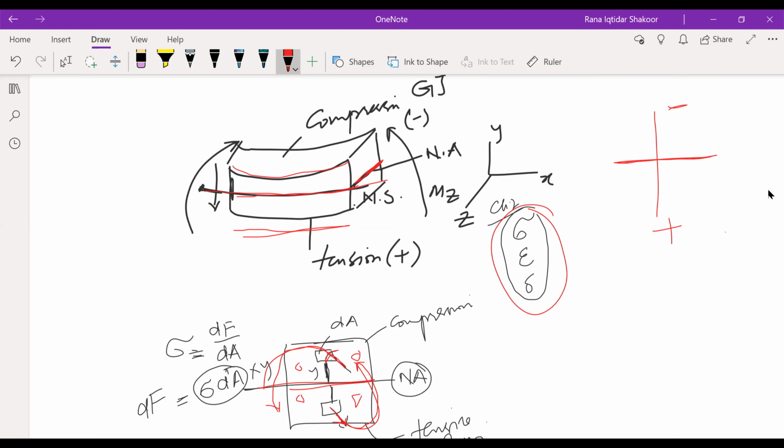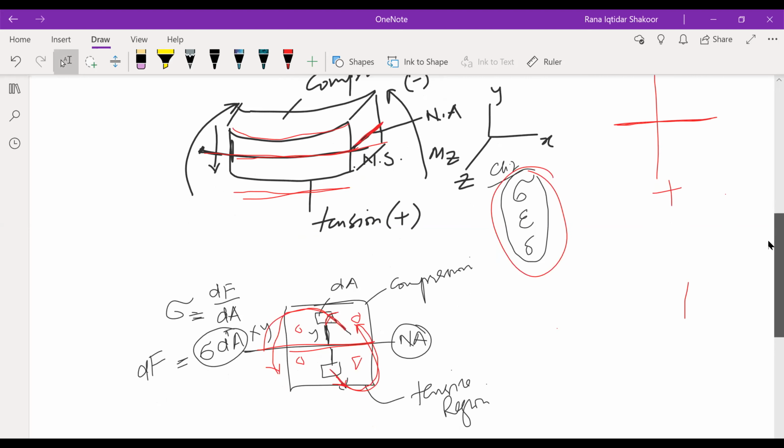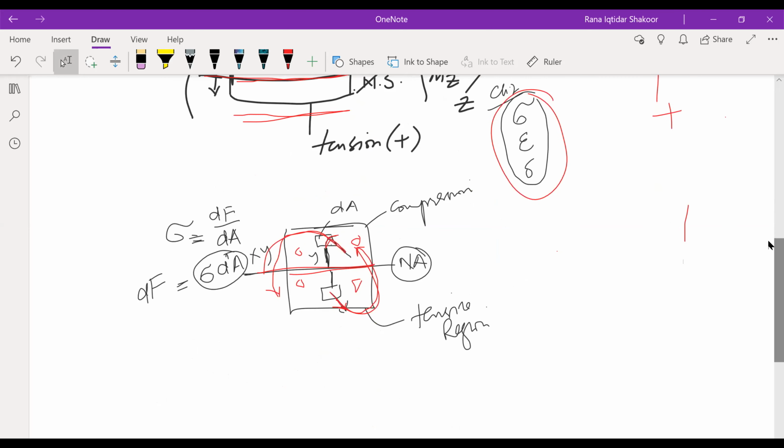Then we saw that if we have a uniform cross section like this one, and I have a very small area dA over here, existing at the distance y from the neutral axis, one force will be going in because the topmost surface is in compression and the lowermost surface is in tension.